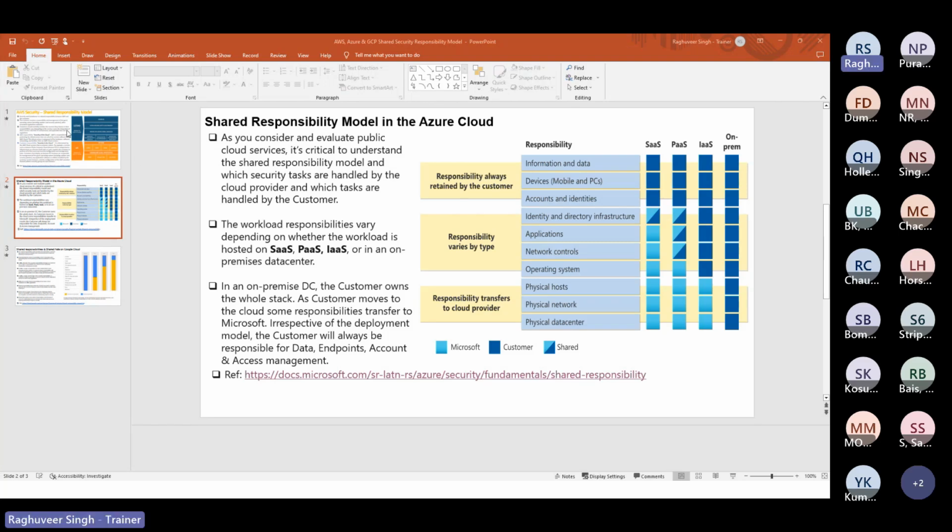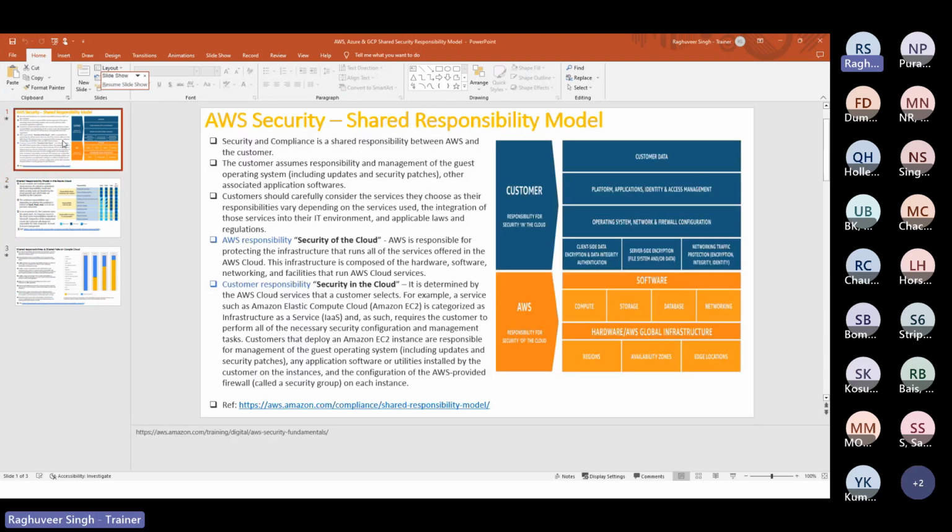Now, similar to Microsoft Azure, AWS, one of the three leading cloud service providers, has also provided a shared responsibility model in which AWS says that security of the cloud is my responsibility, and security in the cloud is the customer's responsibility.